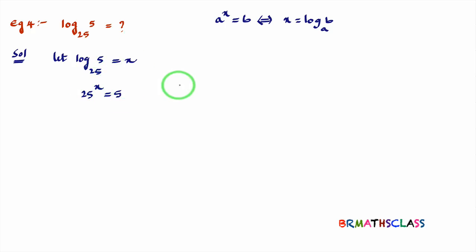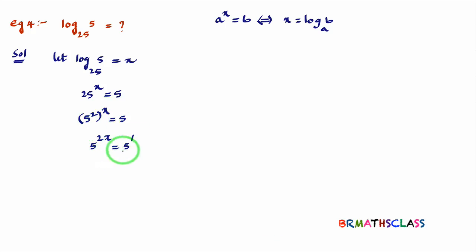As per the definition, 25 can be written as 5 square, whole power x equal to 5. Here it is of the form a power m whole power n, that is nothing but a power mn. So 5 power 2 into x, that is 2x, equal to 5, which can be written as 5 power 1.